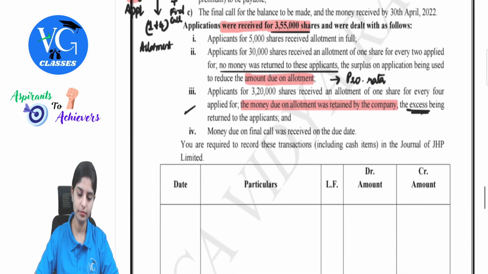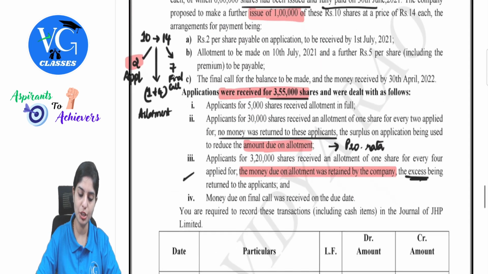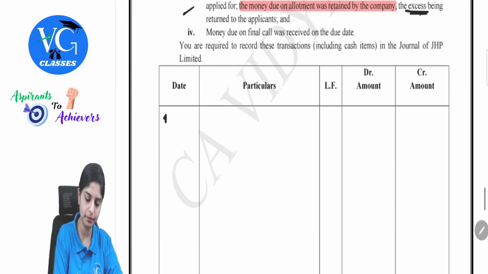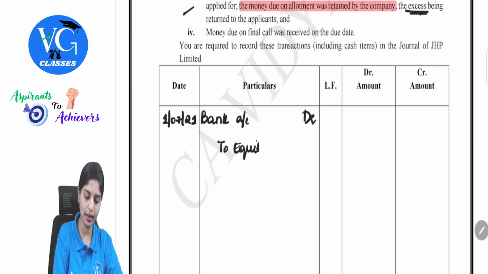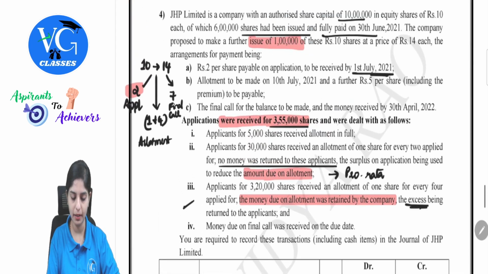First, there is application money received. So what is the application money received date? Application money to be received by 1st July 2021. Bank account debit to equity share application account. So I was supposed to issue 1 lakh, but in return I got how much? 3,55,000.